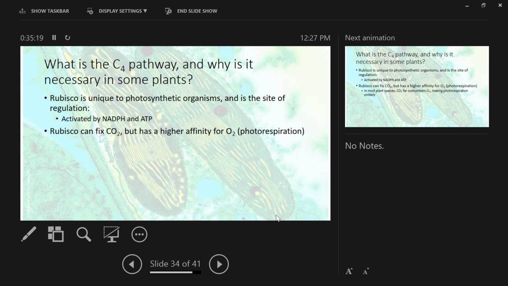This enzyme rubisco can fix carbon dioxide by attaching it to RuBP, but it actually has a higher affinity for oxygen and would selectively fix oxygen rather than carbon dioxide. When it does this, it's called photorespiration rather than the light-dependent processes of photosynthesis.